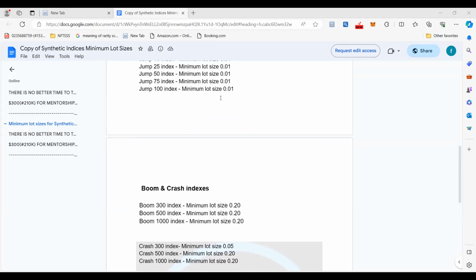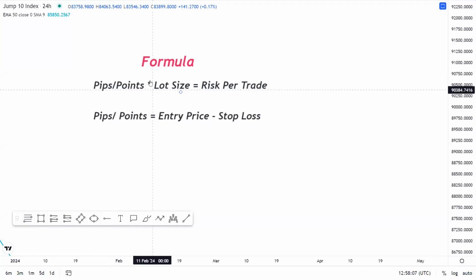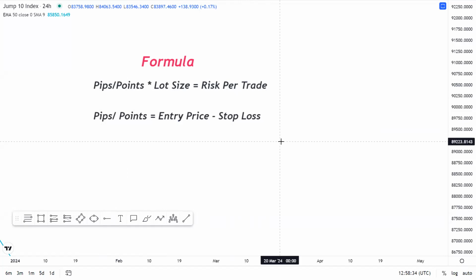It simply states that the pips or points times the lot size is equal to the risk per trade, where your pips or points can be gotten by the difference between your entry price and your stop loss, or the difference between your entry price and your take profit, as the case may be. So this is the formula you need to take note of.